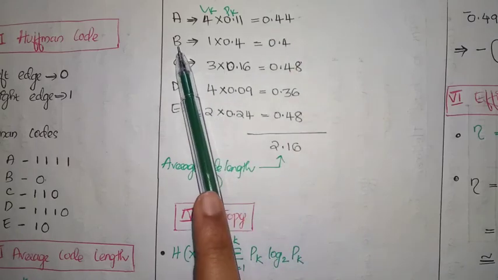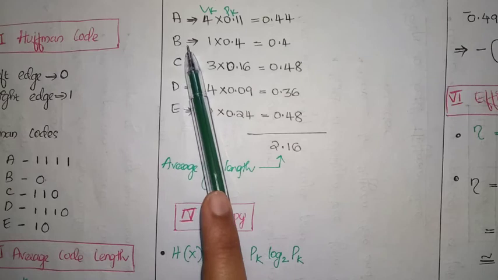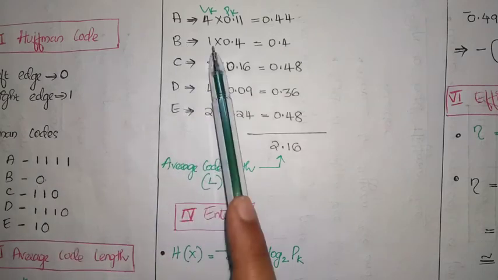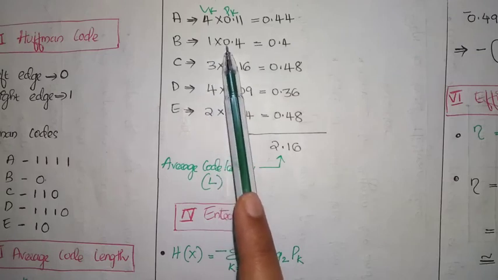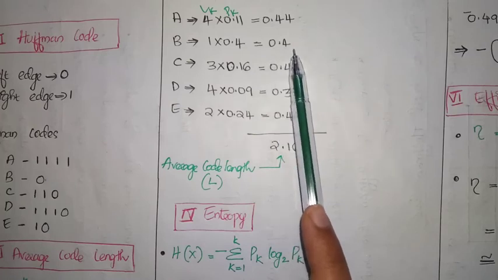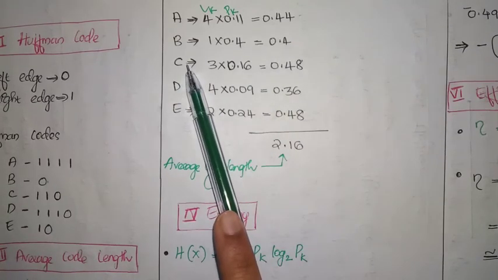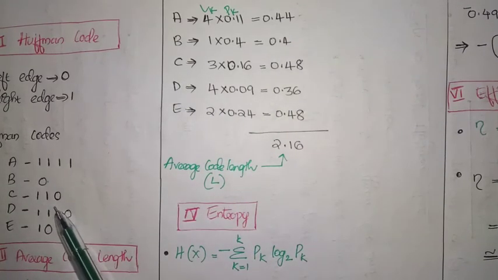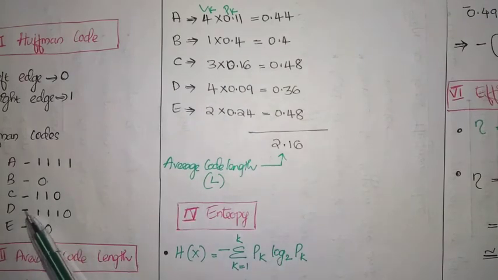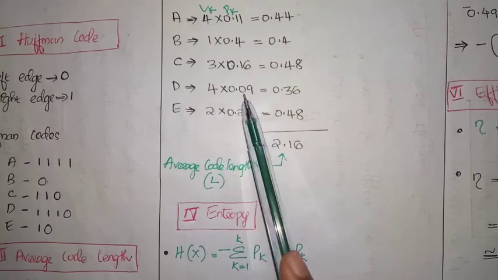In the case of the next character B, the number of bits in the Huffman code is only 1, so 1 times the probability of B, which is given as 0.4 in the question itself, and we get this value. In the case of C, it has 3 bits, so 3 times its probability, and in the case of D, it has 4 bits, so 4 times its probability.